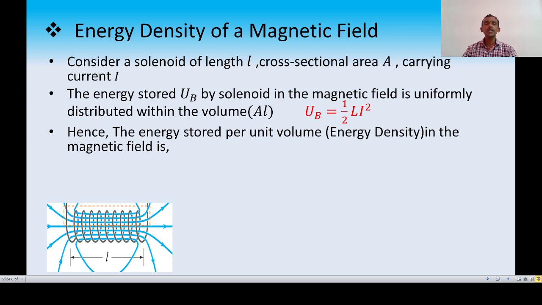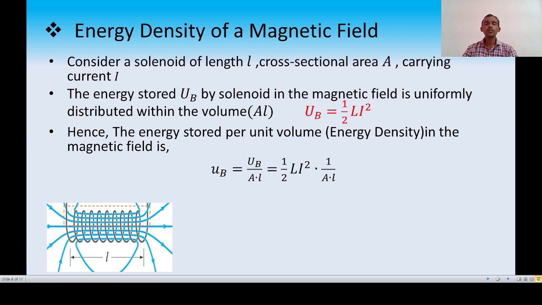That is, small ub is equal to capital UB, the total energy, divided by the volume, that is A into L.